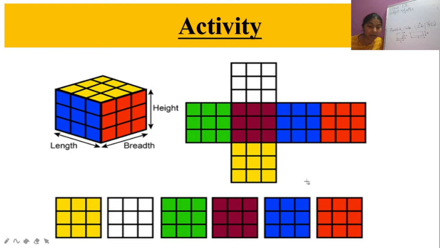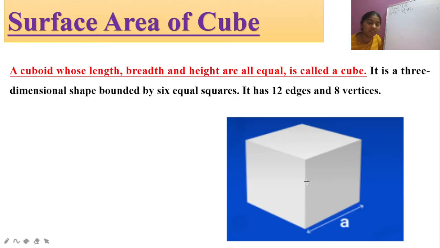We are going to talk about the surface area of a cube. Okay, so this is our topic of discussion, that is surface area of a cube, whose concept we are going to discuss, along with its applications.